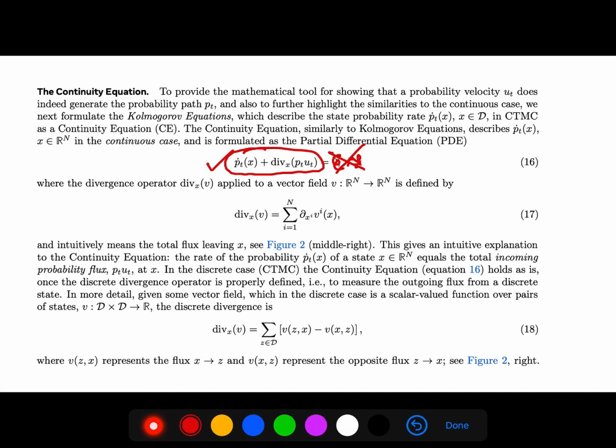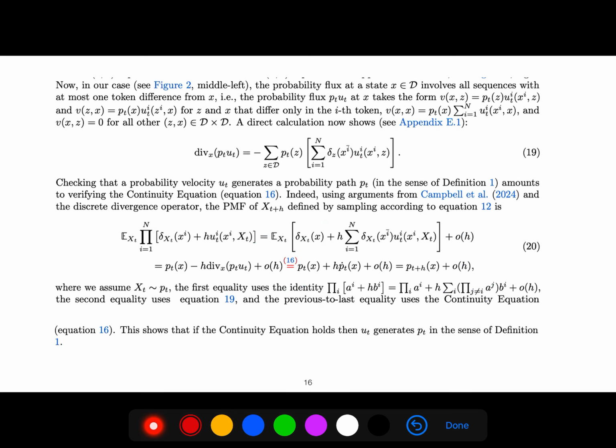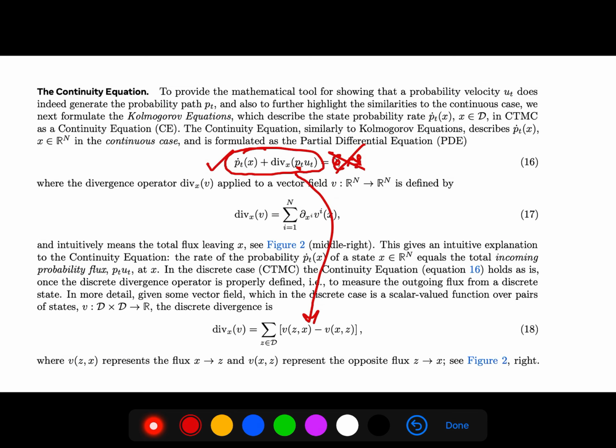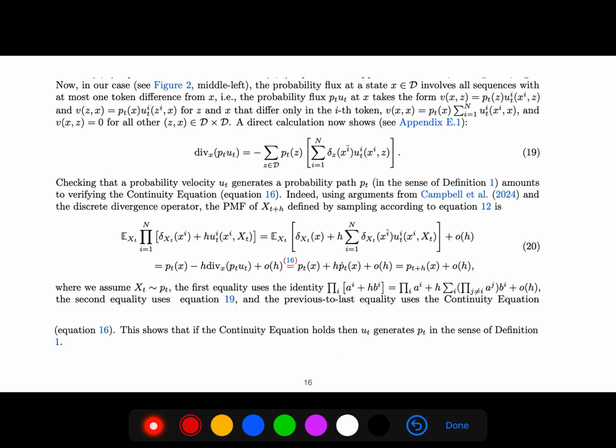And then if you want to do it for discrete data, instead of divergence, it now becomes this. When you want to flip, the distance between z and x becomes an equivalent of divergence, because now we are working on discrete data. If you follow this, we wrote the divergence like this, and a direct calculation shows that you can relate it to u and p t z.